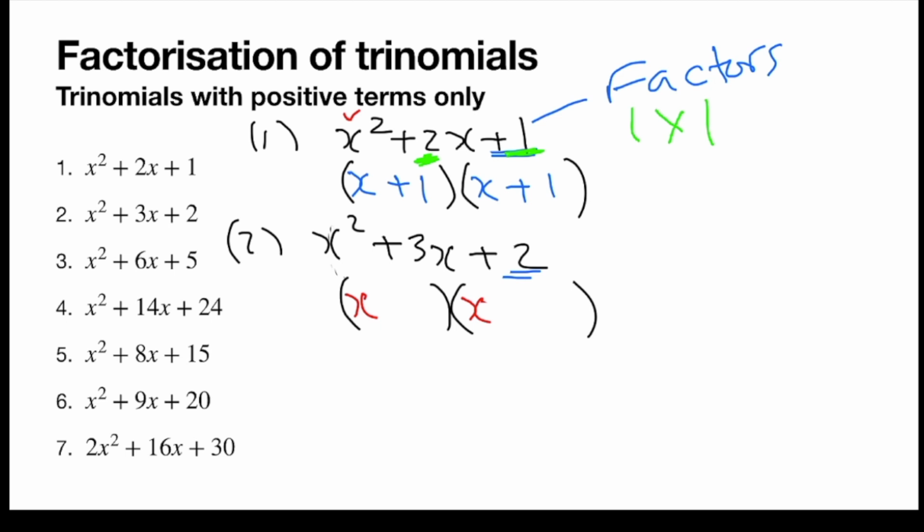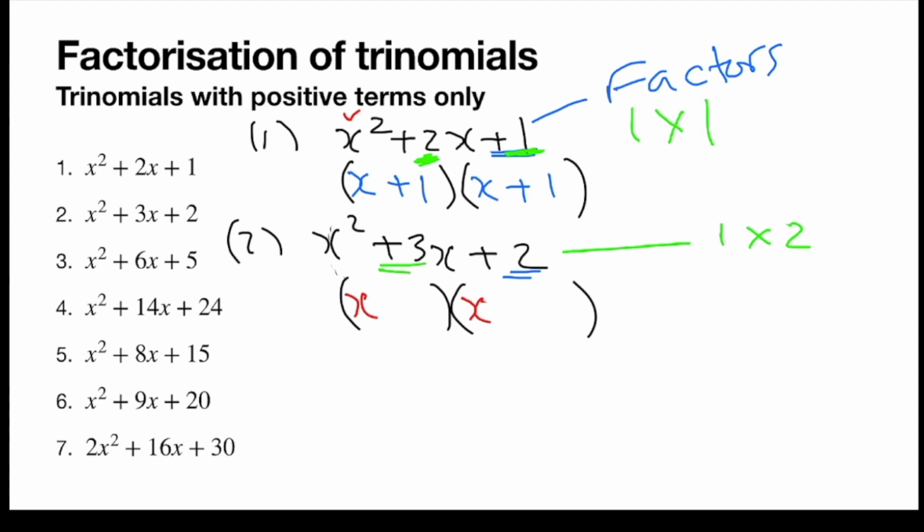What are the factors of 2? We need two numbers that we multiply by each other to get 2. Fortunately, the only two numbers are 1 and 2. If we add 1 and 2, do we get 3? We do. So 1 and 2.